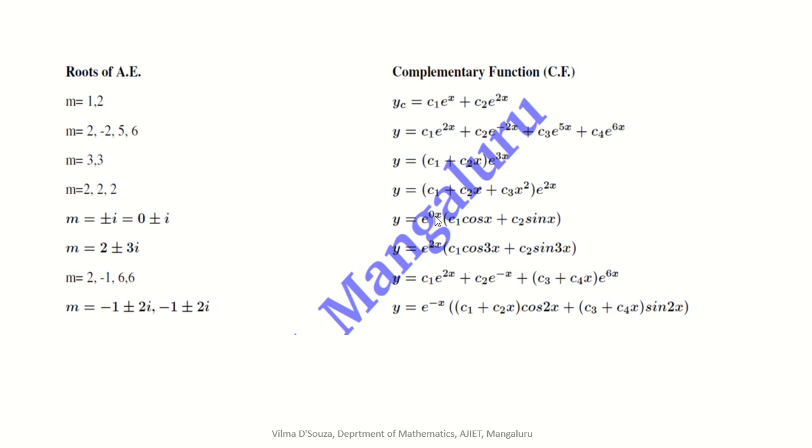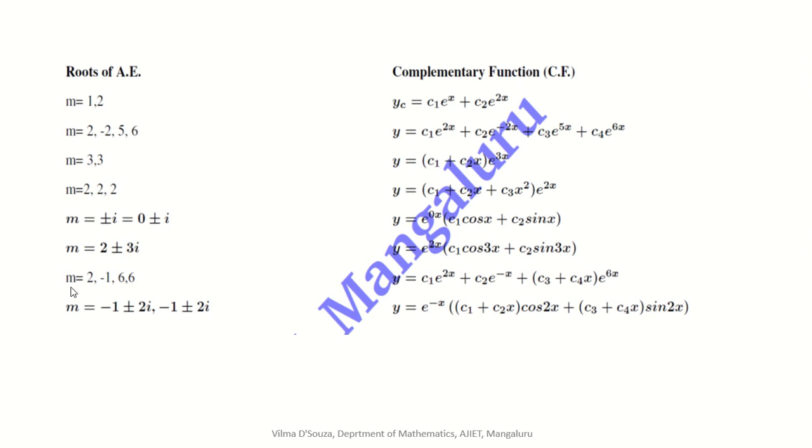So e power ax, that is e power 0x, into c1 cos bx, b is 1, plus c2 sin x. Similarly, this is also a plus or minus ib: y is equal to e power 2x into c1 cos bx, b is 3, plus c2 sin bx, again b is 3.